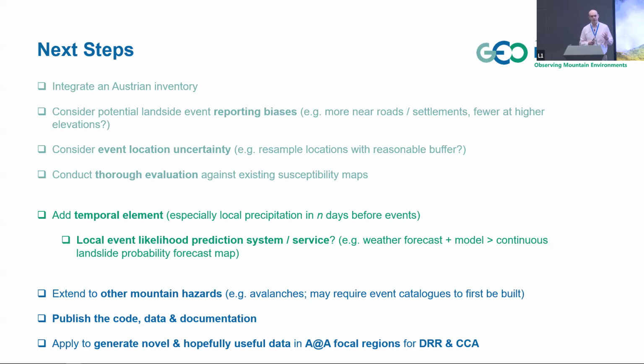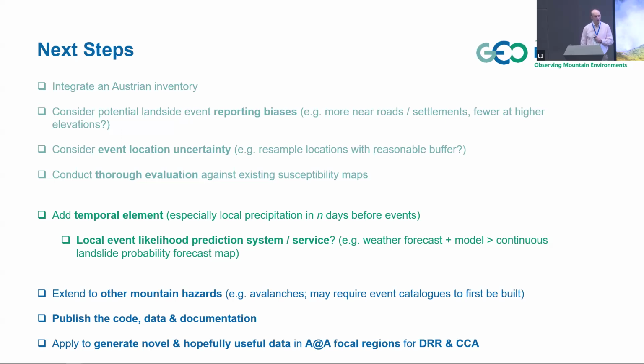And this would be, of course, very useful and interesting for local communities and management authorities, because this extreme precipitation is in many cases a trigger of these events, along with snow melt and things like this. And then, of course, the final component is to extend this methodology to other mountain hazards, potentially avalanches. We could take a similar approach, although we may have to first compile these historical event inventories.